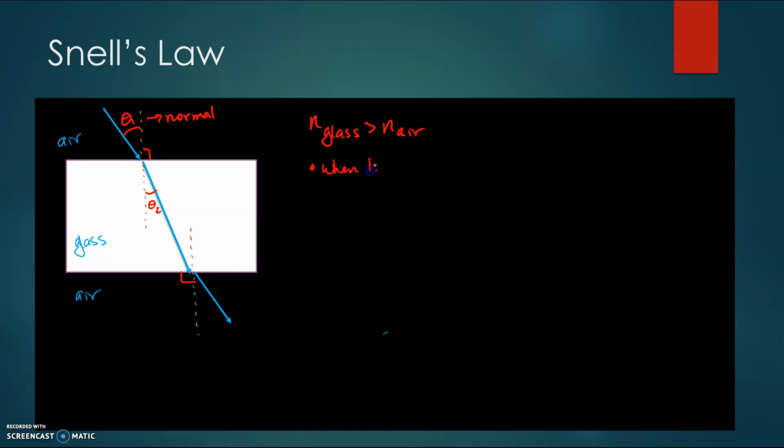So when light enters a material and travels more slowly, so it slows down, it gets bent towards the normal.